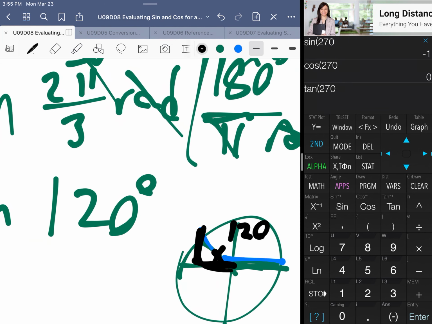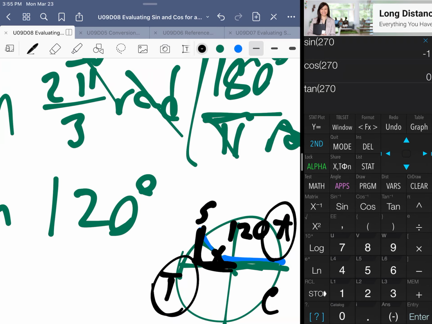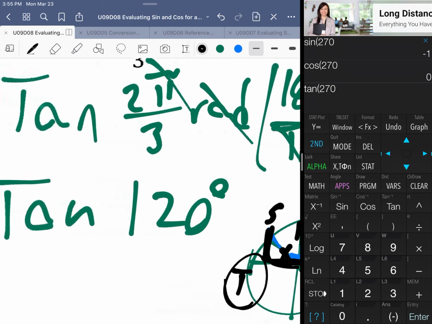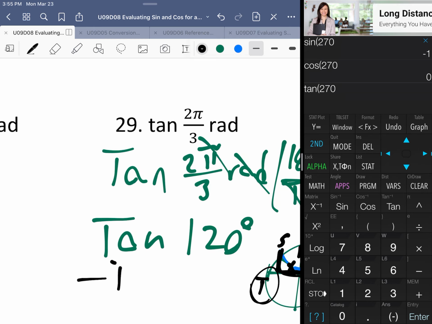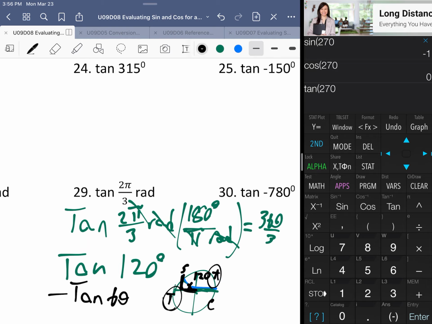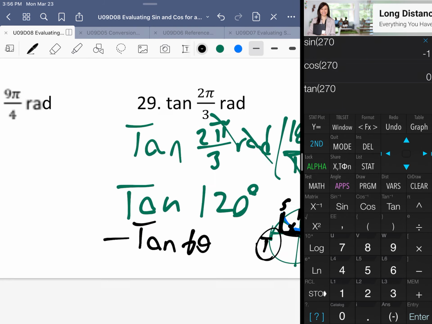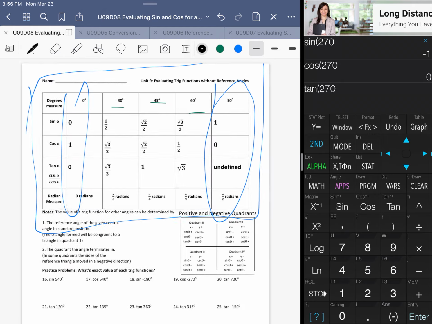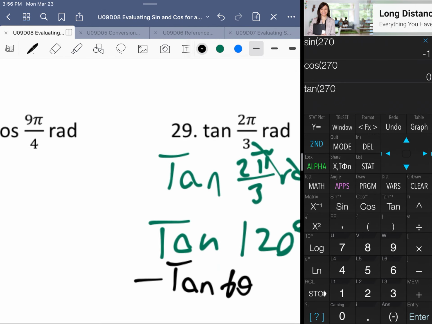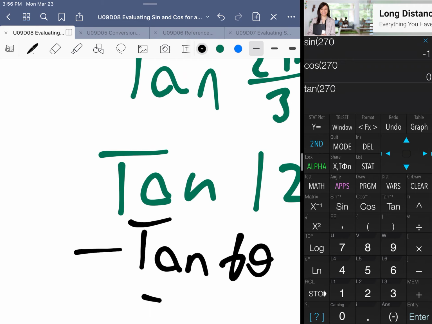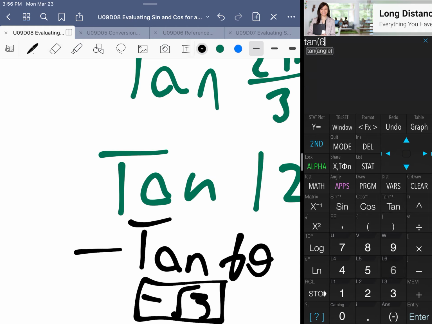And since tangent is negative in this quadrant, because of All Students Take Calculus, tangent is only positive in quadrant 3 and quadrant 1, this should be equivalent to negative tangent of 60 degrees, because that's the reference angle. And the tangent of 60 degrees, which I don't remember from my table, is radical 3. So this should be negative radical 3.